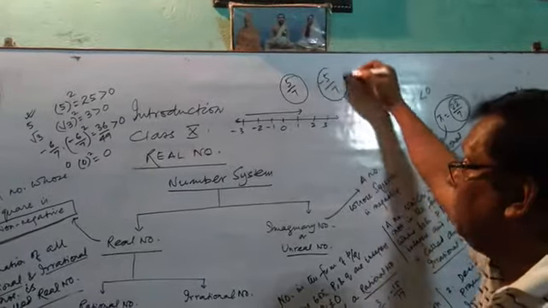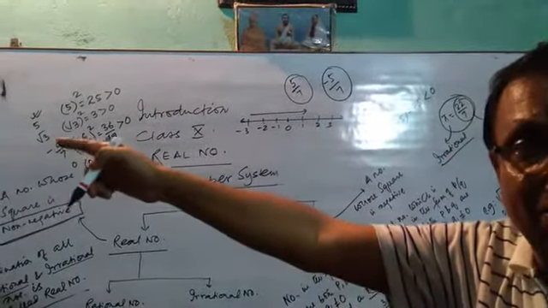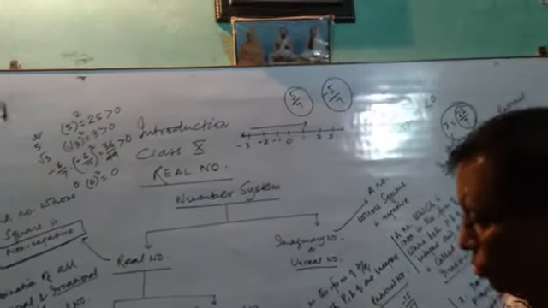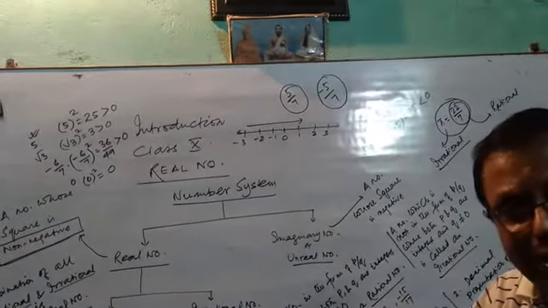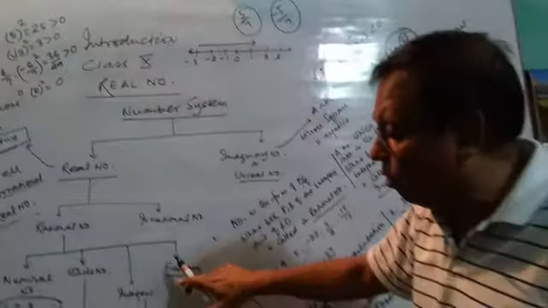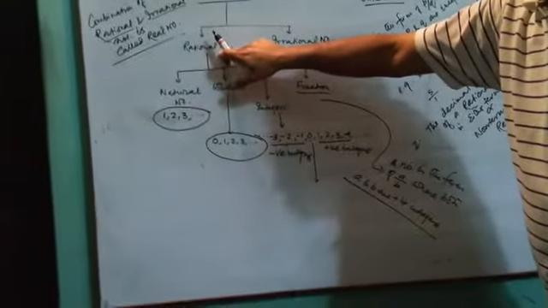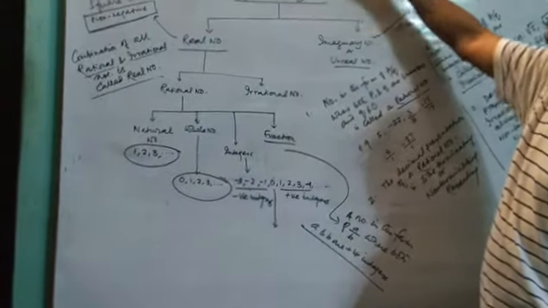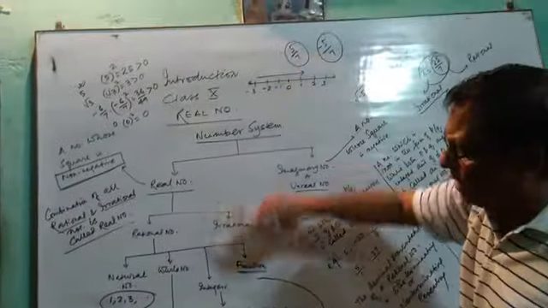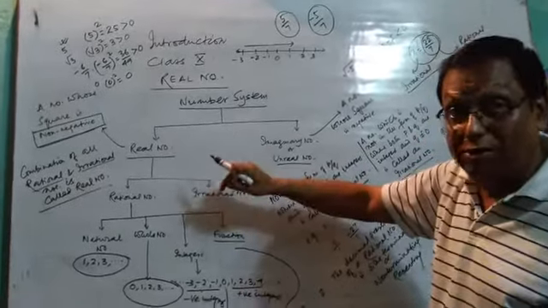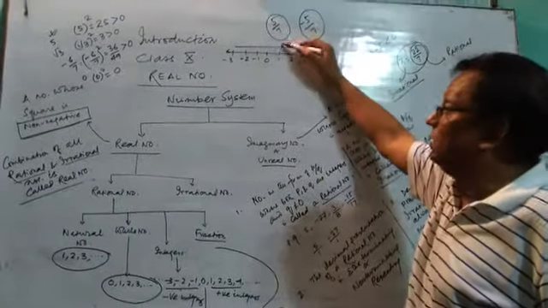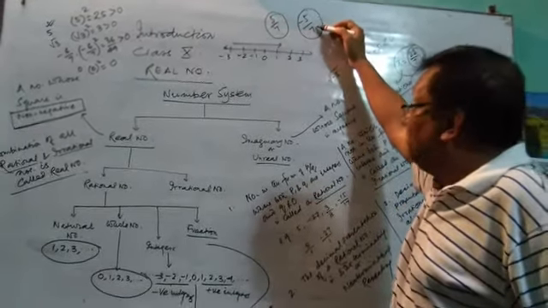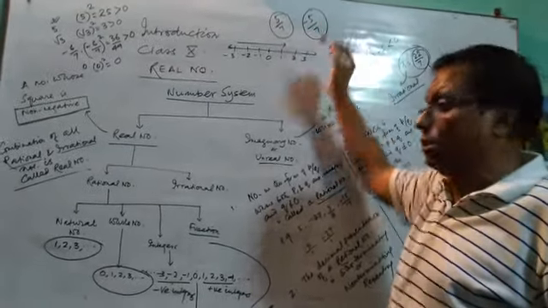Therefore, -5 by 7 is a rational number, but not a fraction. So we can derive that all fractions are rational numbers, but not all rational numbers are fractions.